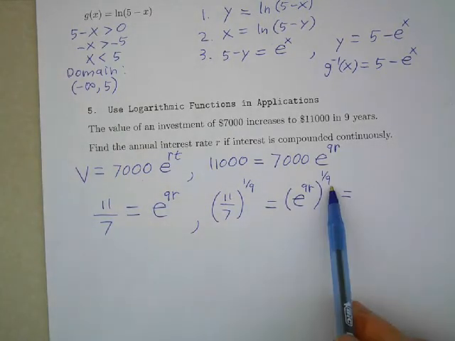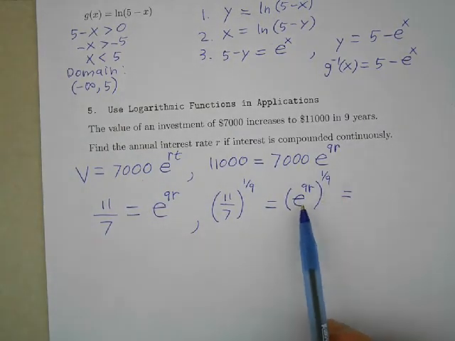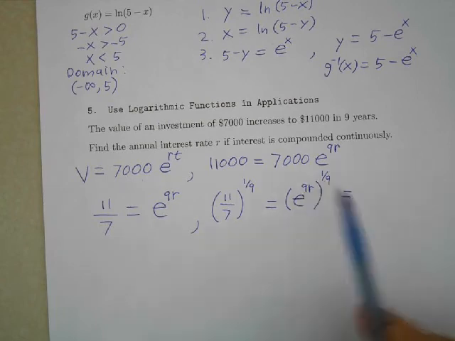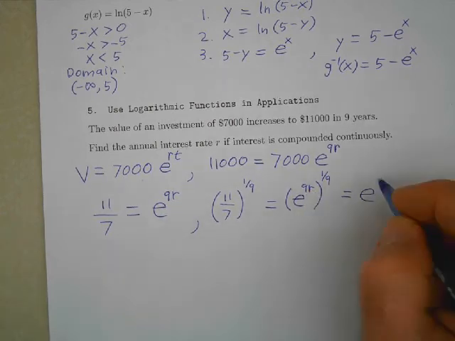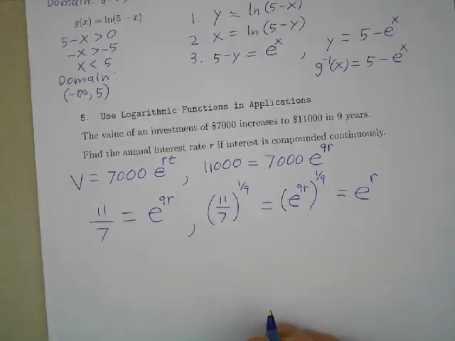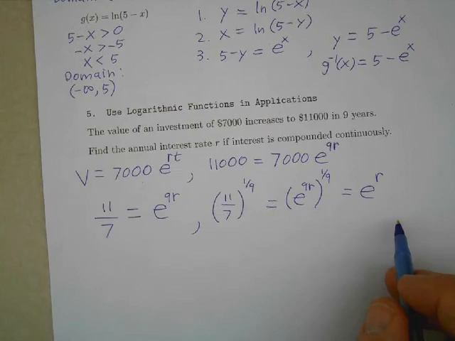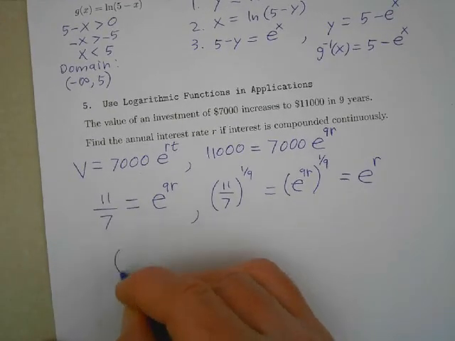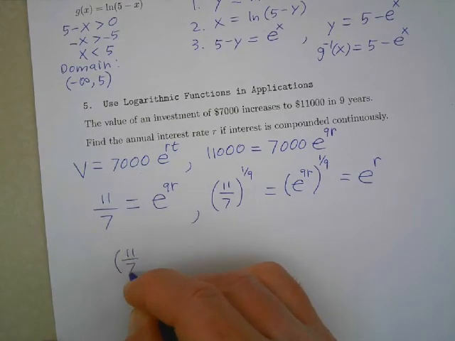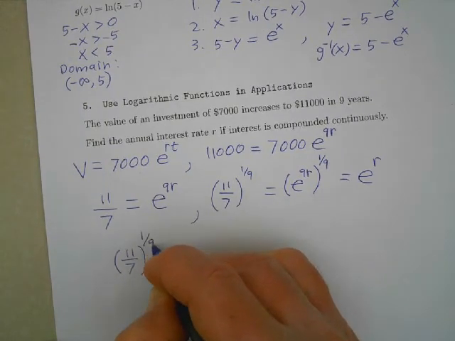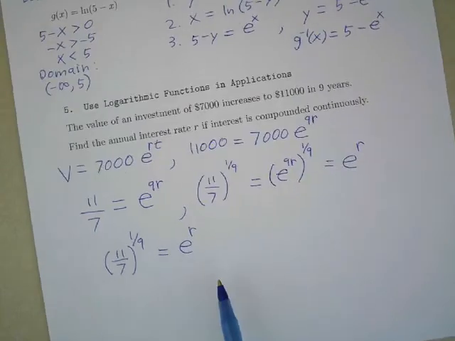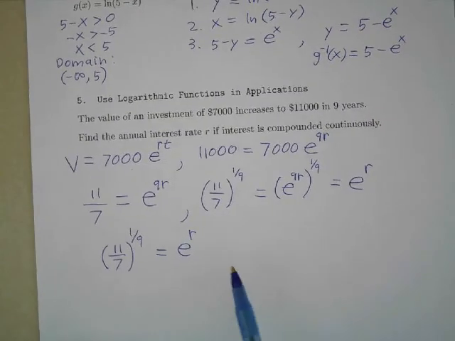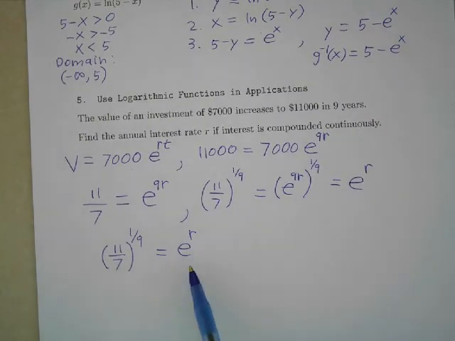And then if we use a property of exponents, e to the 9r to the 1/9 is e to the 1/9 times 9r, which is just e to the r. So just to summarize what we did here, I'll write it down as 11 sevenths to the 1/9 equals e to the r. We want to know what r is.